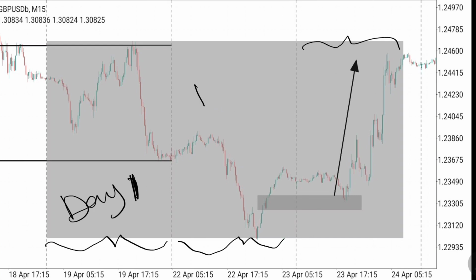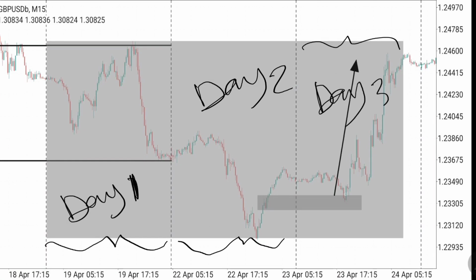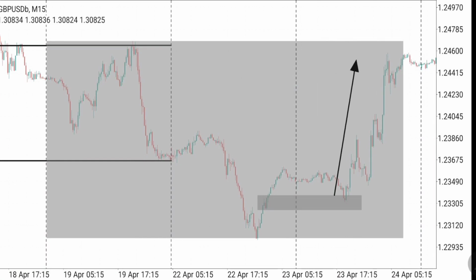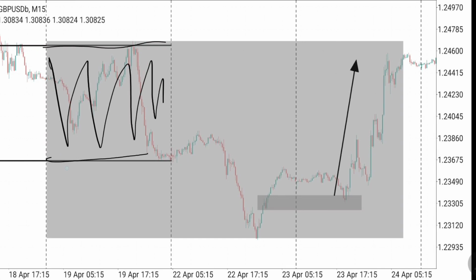So this is day one, this is day two, and this is day three. Day one was characterized by a range, which is the accumulation. Day two was characterized by a manipulative move. The low of the previous day was raided by this move, a manipulative move intended to trap retail traders into taking a sell.